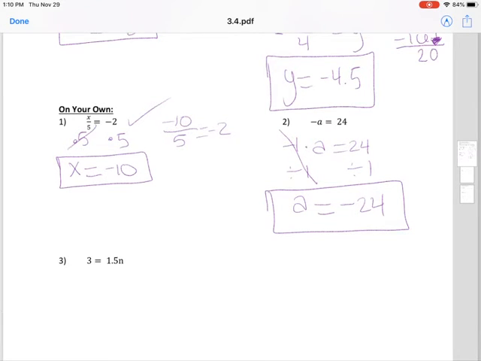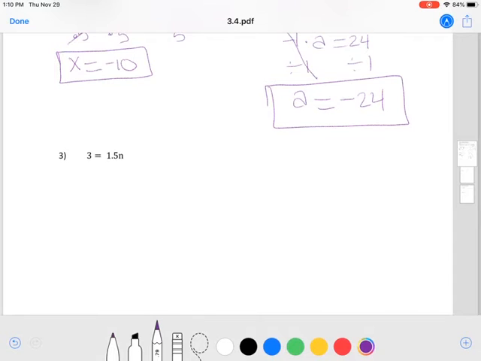All right, last one, 3 equals 1.5n. So again, we're using multiplication. So to undo that multiplication, we want to divide. So we're going to divide both sides by 1.5. So we have 3 divided by 1.5. So what we really want to think about is how many times can 1.5 go into 3?